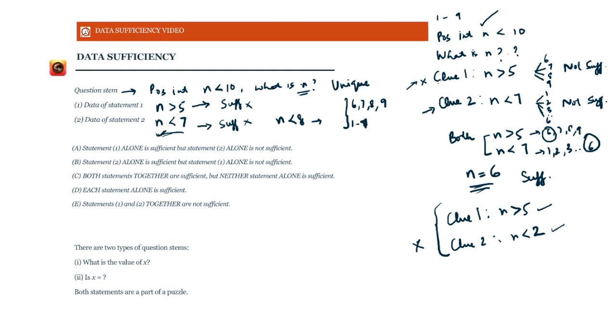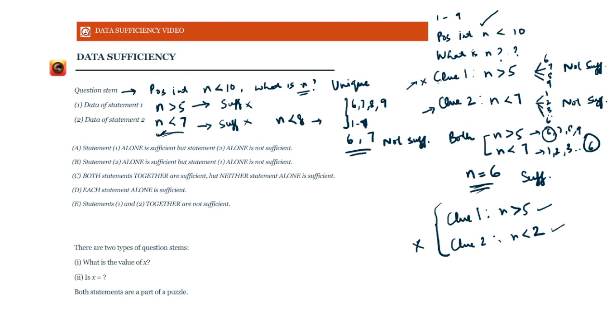That means there would be 2 values which are common. I would still get that n could be 6 or 7. As per both the statements, n could be 6 or 7, and that is why, again, this would be not sufficient. As I said, I must get a unique value for n to be able to say that I have got the answer, to be able to say that this is sufficient.